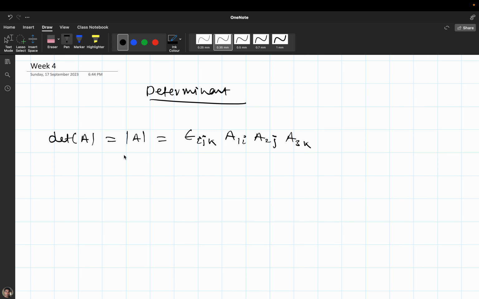Okay. So here the thing is, what is epsilon? This is called the permutation symbol.